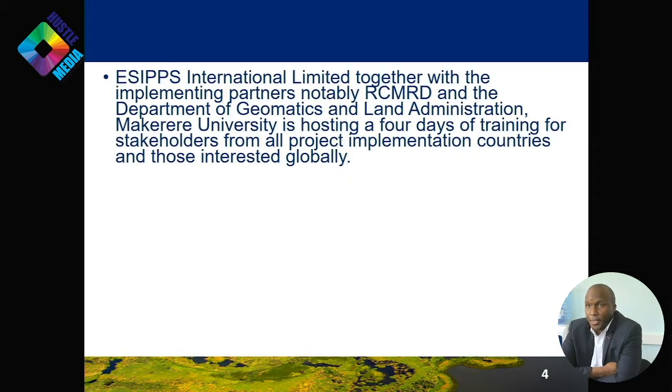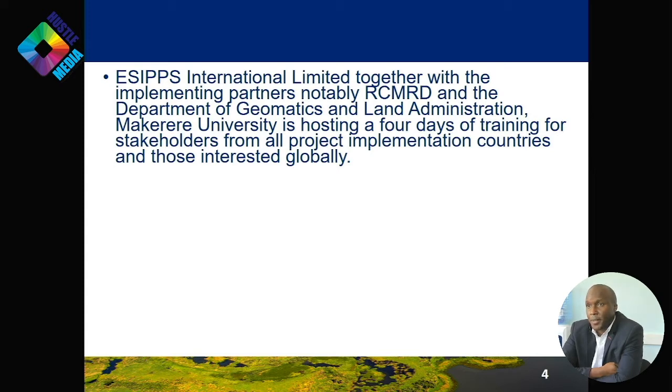ESIPS International is a private firm, together with implementing partners, that's RSM-RD. There will be remarks from them as well. And the Department of Geomatics and Land Administration at Makerere University are the hosts for this 4 days training for stakeholders from all project implementing countries and those interested globally.